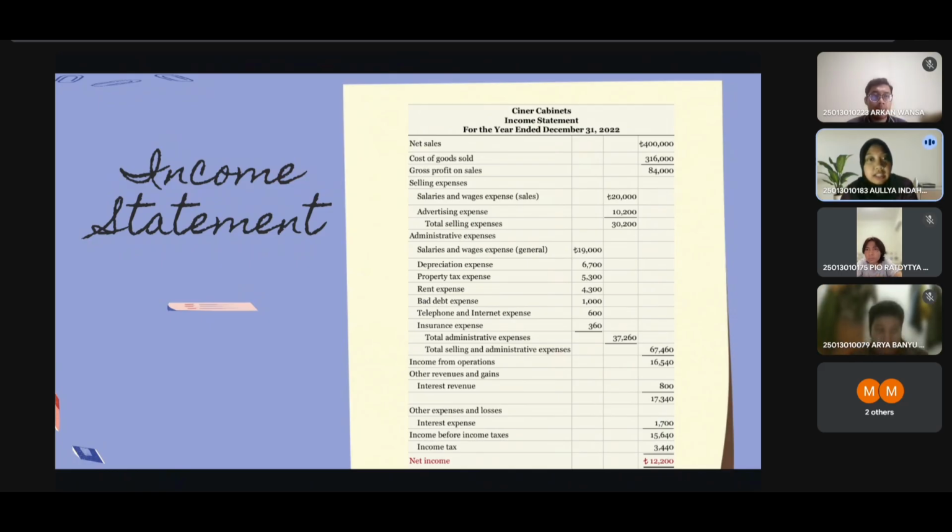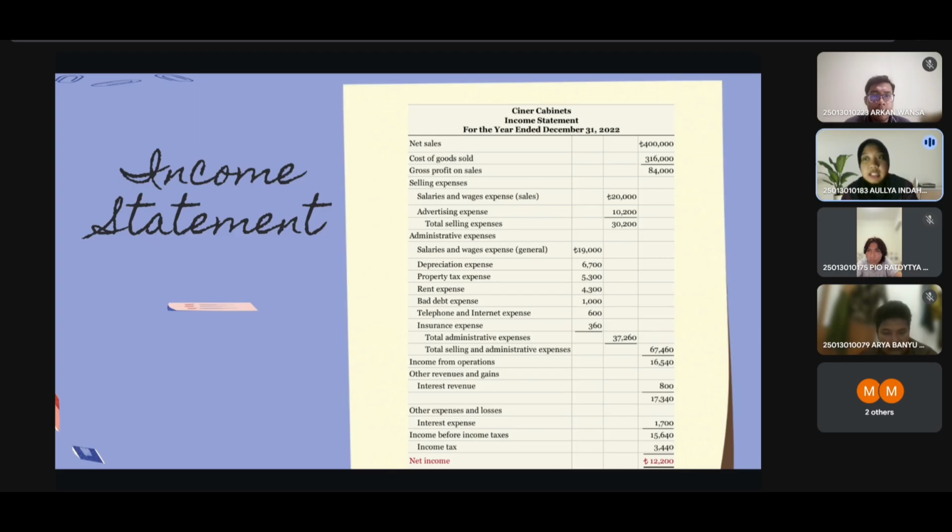In this picture, the company reports that the net sales are 400,000. Then it deducts cost of goods sold of 316,000, which results in a gross profit on sales of 84,000. Then we count the expenses, divided into selling expenses and administrative expenses.